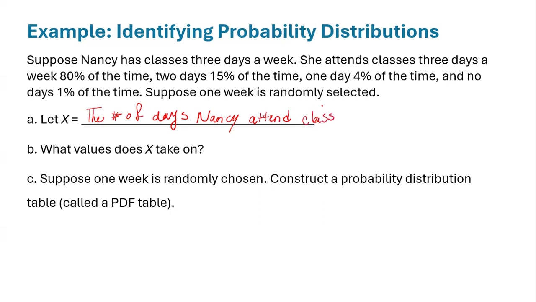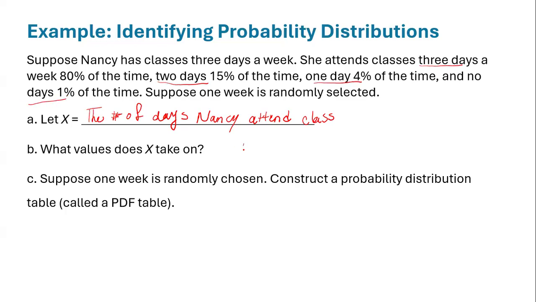Now the question is, what values does x take on? What values can x, the random variable, have? So when you read the question, it says, Nancy attended class 3 days a week, or 2 days a week, or 1 day a week, or no days.